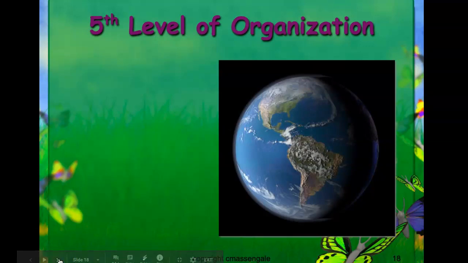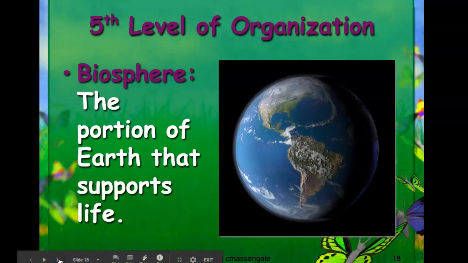The fifth level of organization is going to be the biosphere, and that's just going to be the portion of Earth that supports life. Now, prior to us departing, you did do an ecological flip book, and we had biome on there. The reason why I did not include biome right here is because biomes are similar to ecosystems.